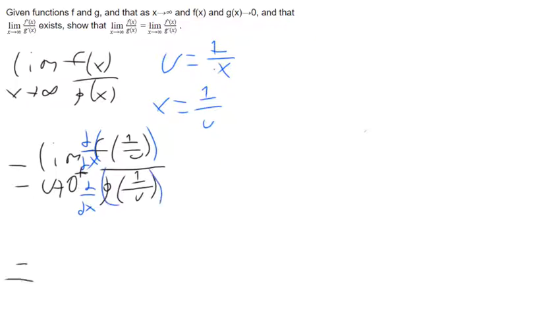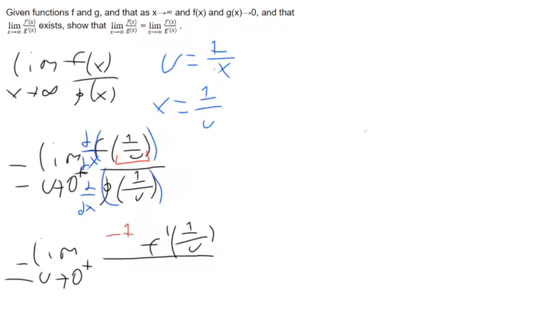And we'll say that this equals the limit as u goes to 0 from the right of, well, if we differentiate f of 1 over u, we'll get f prime of the same input, 1 over u. But then we have to use the chain rule. So we'll look at the inside function here, 1 over u, and multiply by the derivative of that. The derivative of 1 over u is negative 1 over u squared.